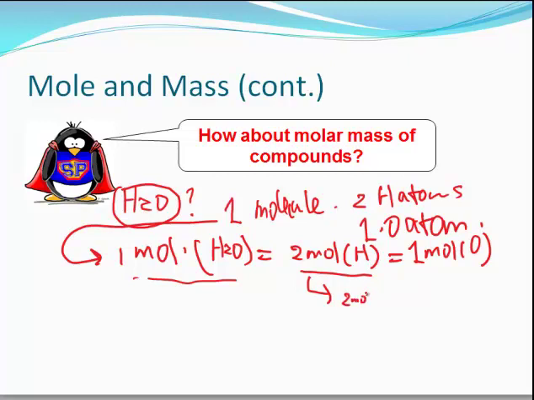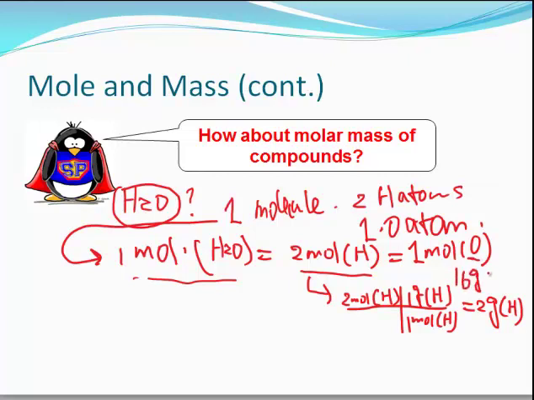You can use the monkey bar to do that, moles of H to grams of H. 1 mole of H equals 1 gram, so for H it will be 2 grams of H per 1 mole of water. By the same token, for O it will be 16 grams of O. Adding those two together, you have 18 grams of H2O.